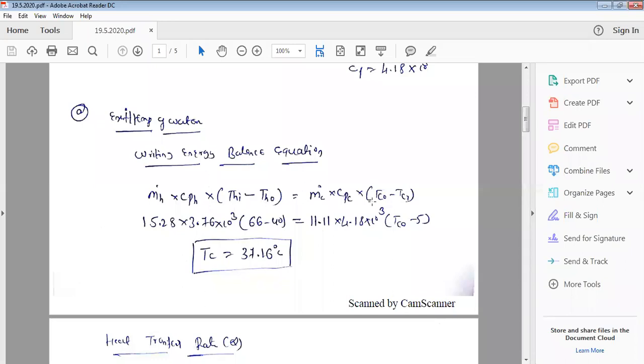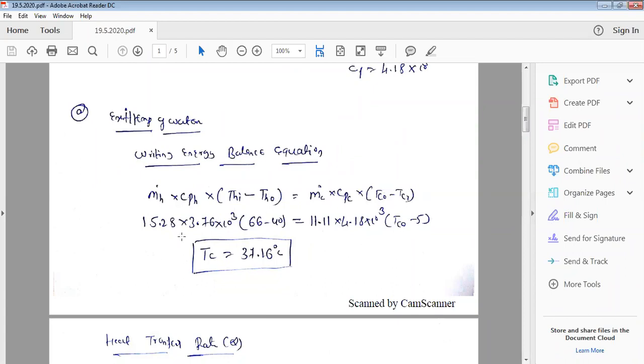But here, what will happen? The inlet temperature of cold water is less. When it comes out of the heat exchanger, the temperature of the cold fluid will have increased, because it gains the amount of heat given by the hot fluid. That's why we write the temperature difference as outlet minus inlet, but in the hot case, inlet minus outlet.